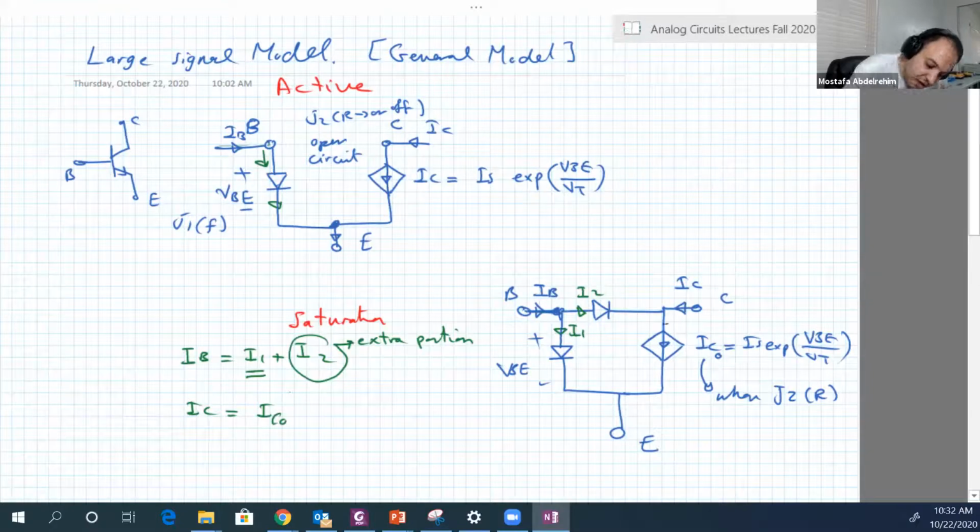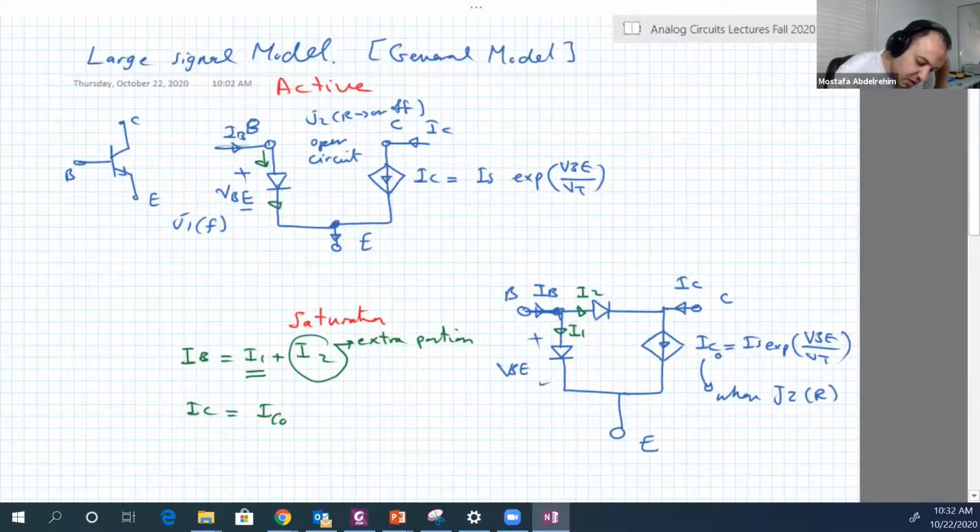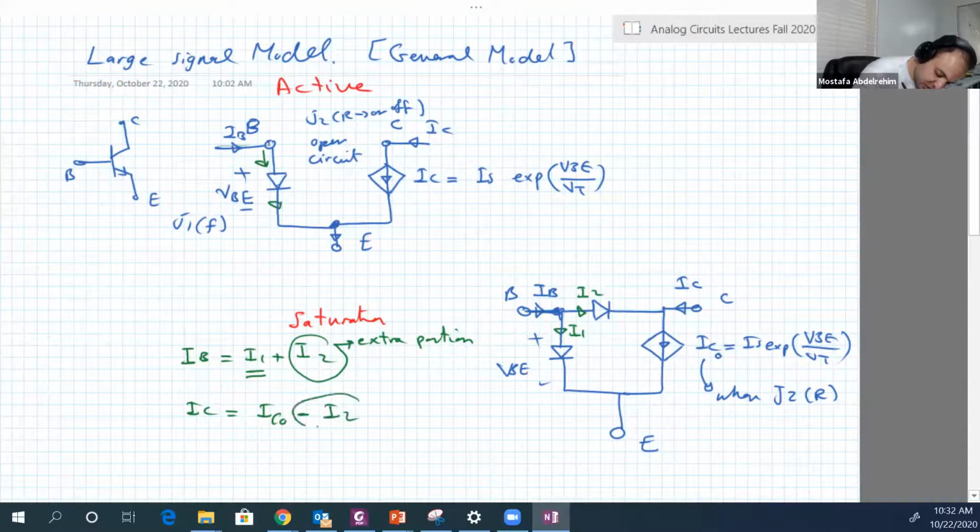So we have here I1 in that way, and here I2 minus IC node. This is going in. It is a decrement, we can say.